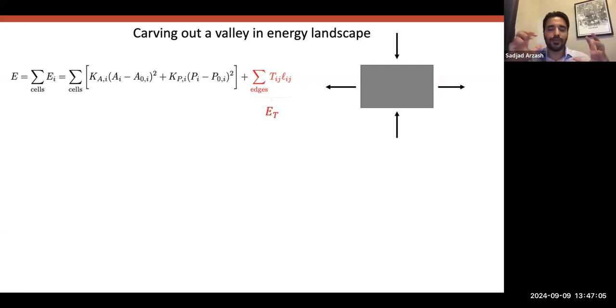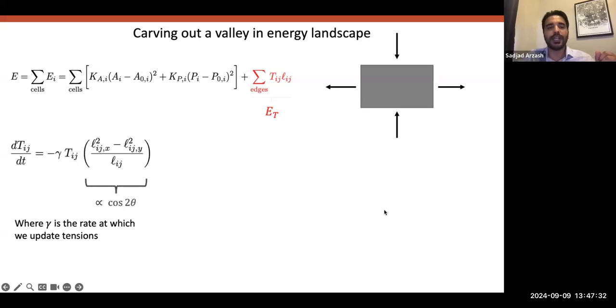And I would like to make this process of shear deformation, this pure shear deformation, soft. How can I make this process soft in my tissue? How can I tune these edge tensions, these additional degrees of freedom, to make this process the soft direction in the energy landscape?